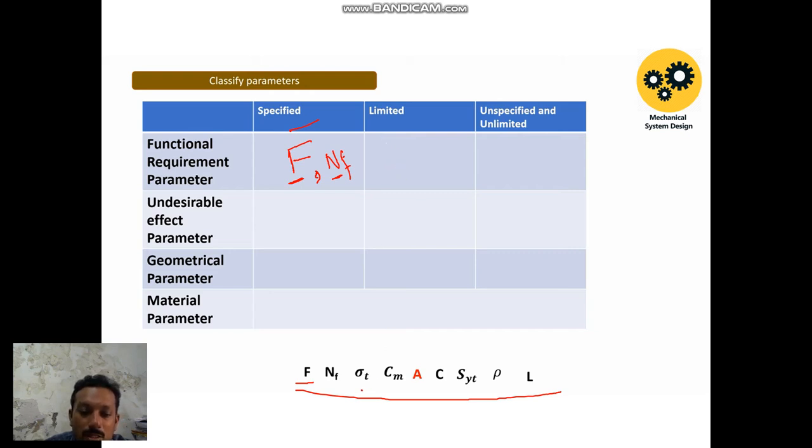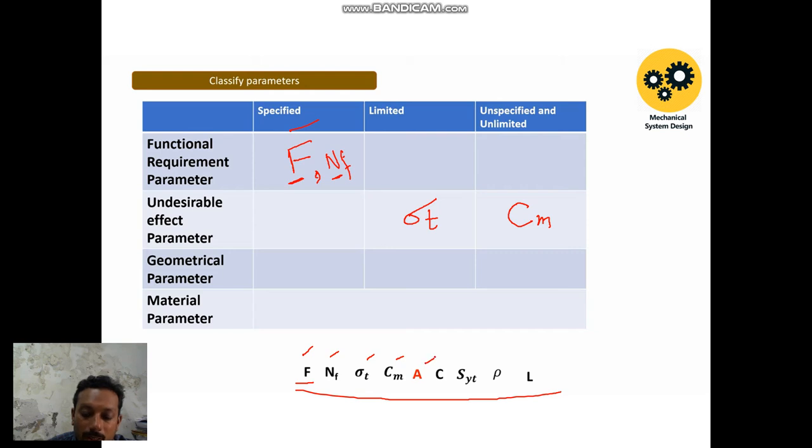Then sigma t is an undesirable effect parameter and its limit is given, so sigma t will be in undesirable effect parameters, and that is limited. Then Cm is an undesirable effect parameter, but it is unspecified and unlimited. This is done.